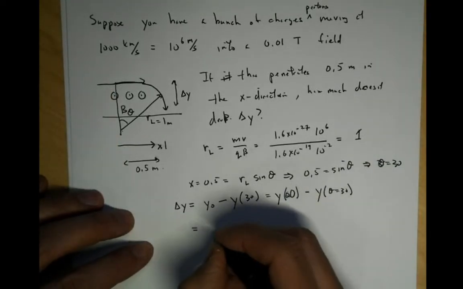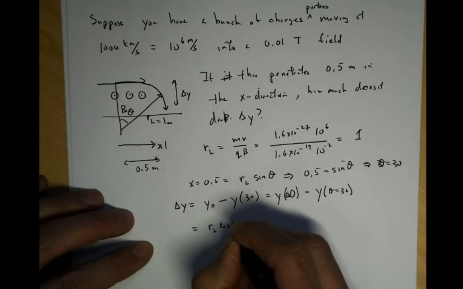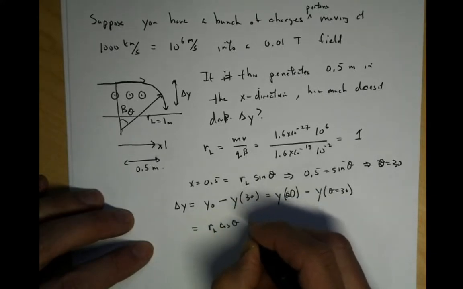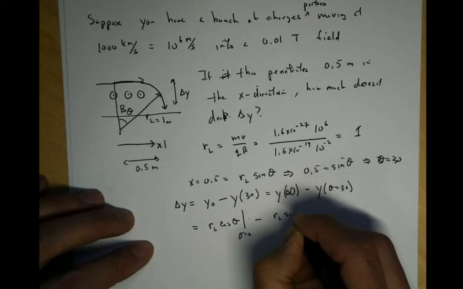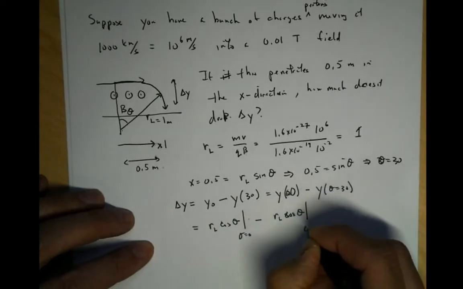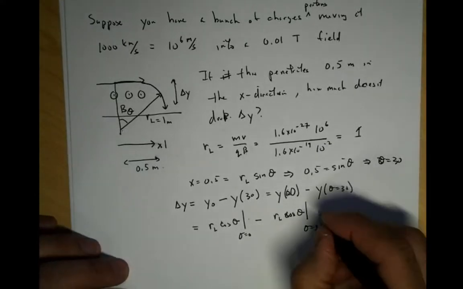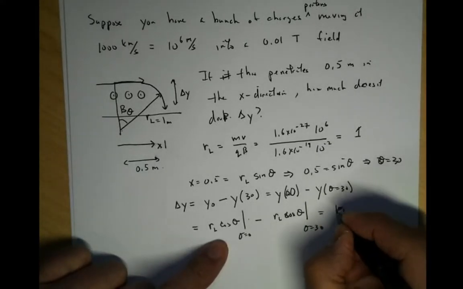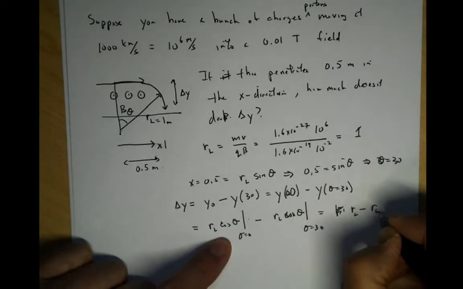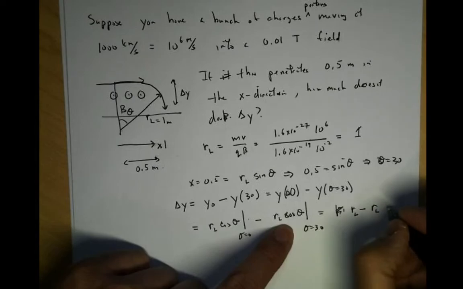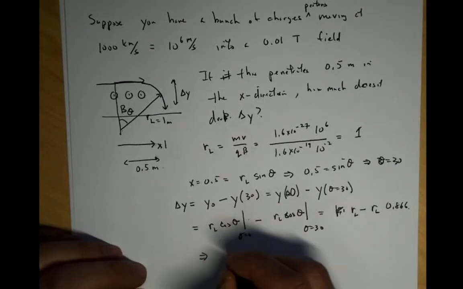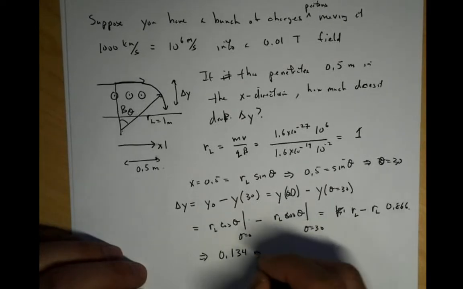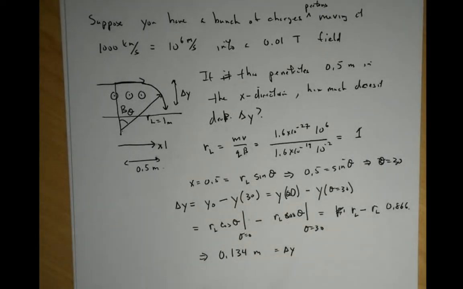That's going to be R_L cosine theta, evaluate theta equals 0, minus R_L cosine theta again, evaluate theta equals 30, right? So this is just going to be 1 R_L minus R_L cosine of theta of 30, which is 0.866, right? So you can work it out. This turns out roughly to be, and R_L is 1, 0.134 meters is delta y. That's the drop, right?